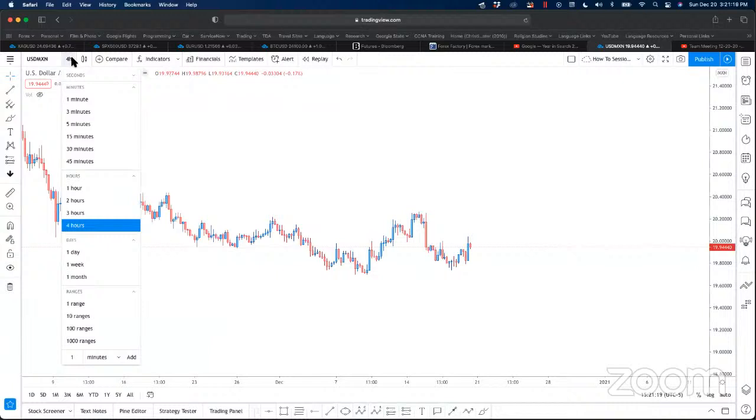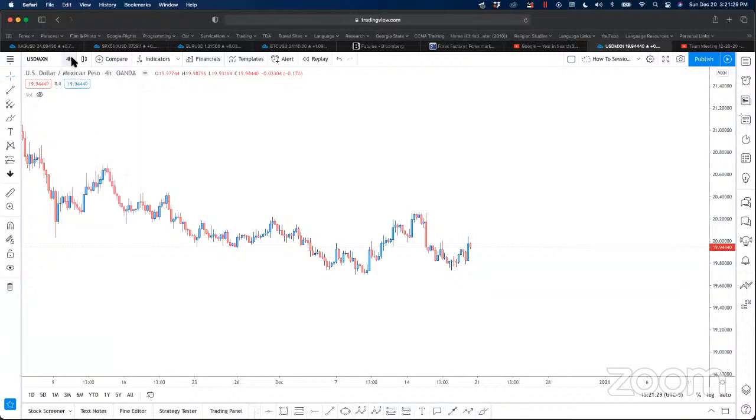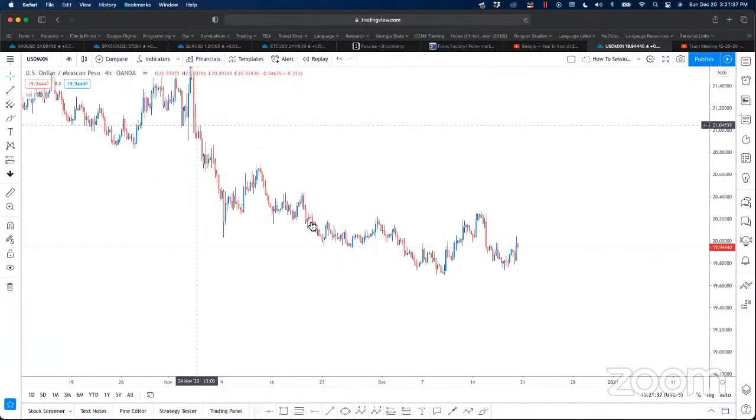So the first thing I want you guys to do, and this will help you to understand the bias for the week. Overall, this looks like it's kind of consolidating for this pair, but that's on the 4 hour.